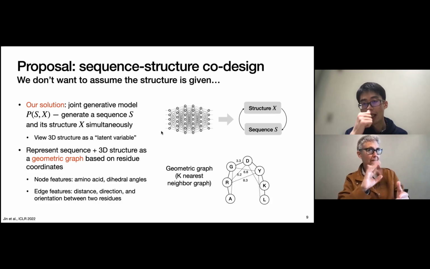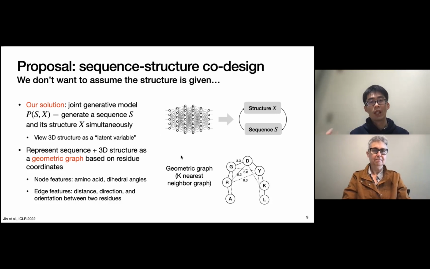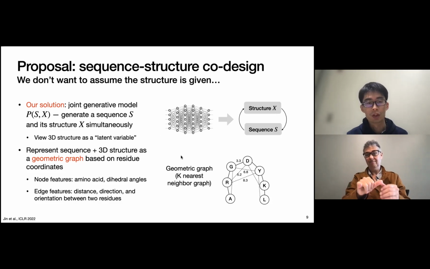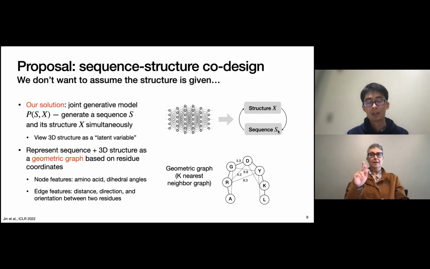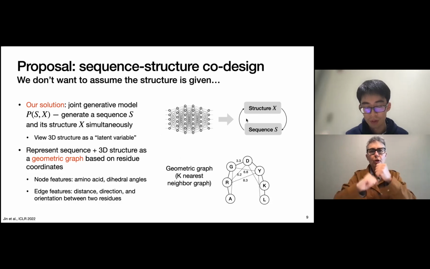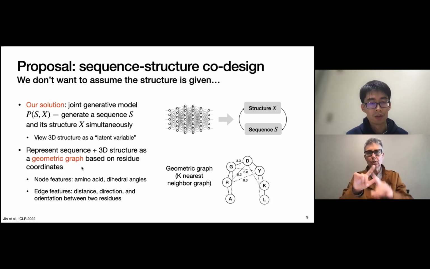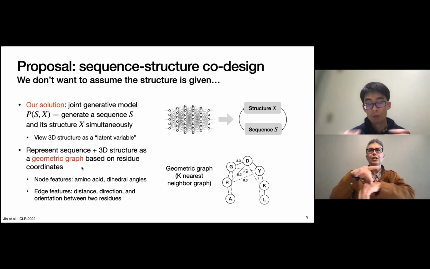Based on this co-design formulation, how do we actually implement this idea? Since we have two variables, the structure X and the sequence S, and they are intertwined, we need a single data structure to describe these two variables together. So we represent a sequence and its 3D structure as a geometric graph, or a point cloud, based on the residue coordinates.